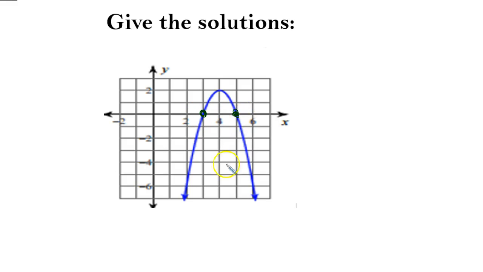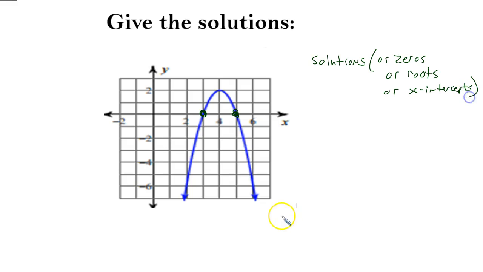These are the 2 points where it crosses the x-axis. So the solutions are, and remember, I might ask what are the solutions, but I could have just as easily asked what are the zeros, or what are the roots, or what are the x-intercepts? Technically, I'm talking about the same thing for all of those.